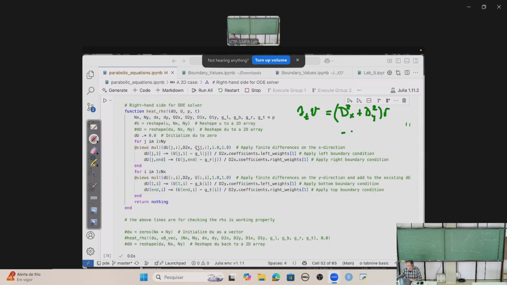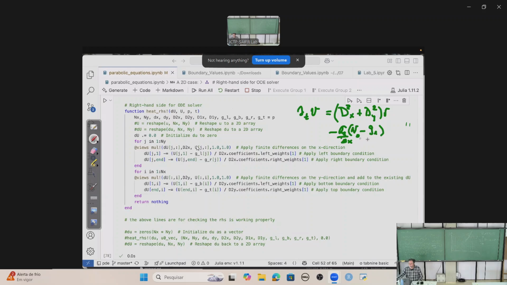We have a u minus l over the x here, u l 0, etc.